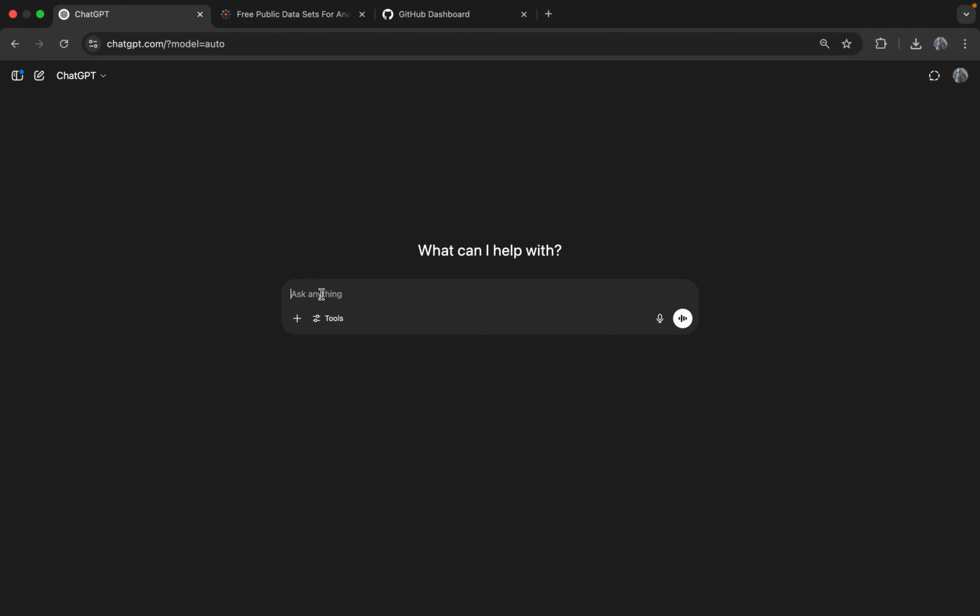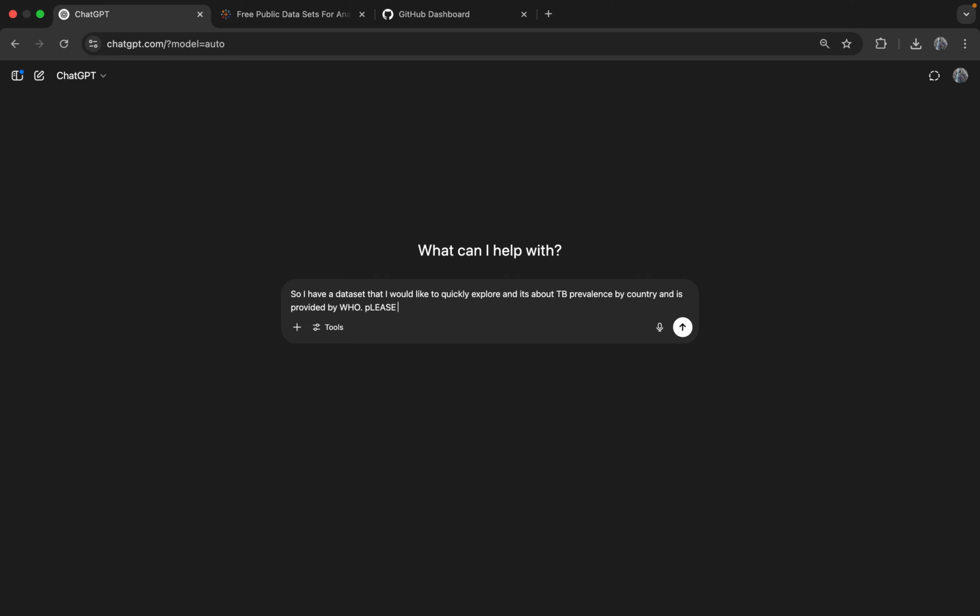Then I'm going to go to ChatGPT, and I'll ask ChatGPT: I have a data set that I would like to quickly explore, and it's about TB prevalence by country, and is provided by WHO.